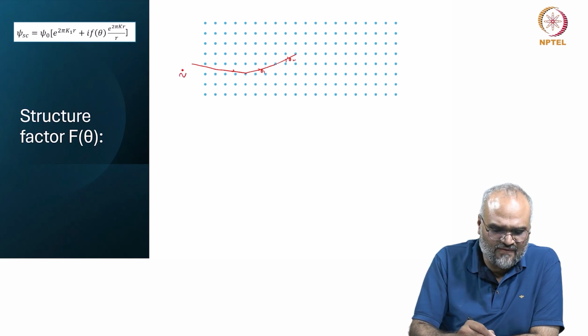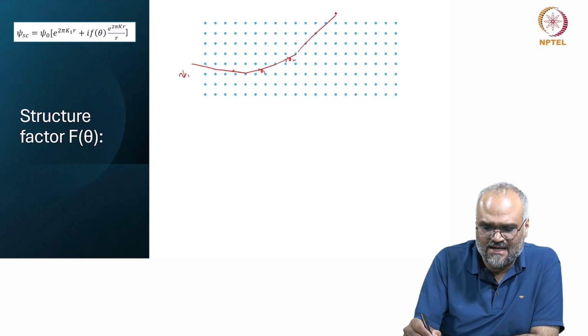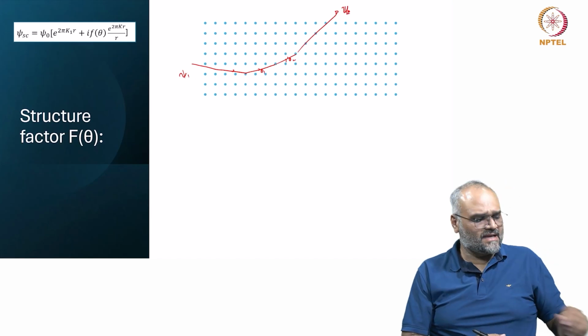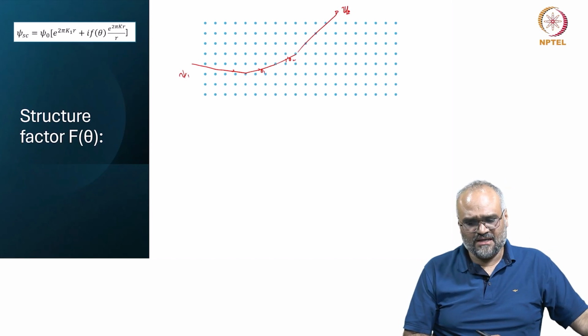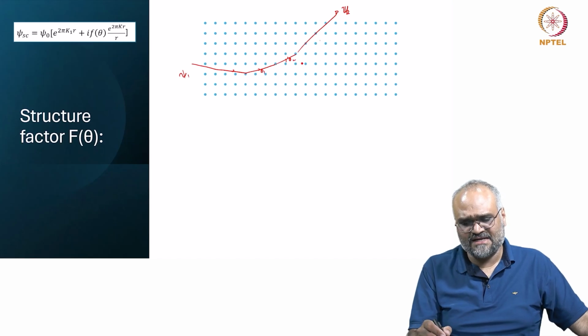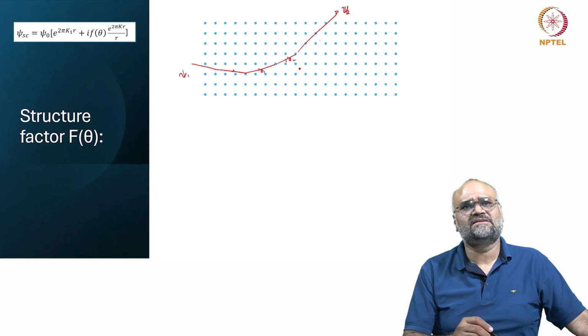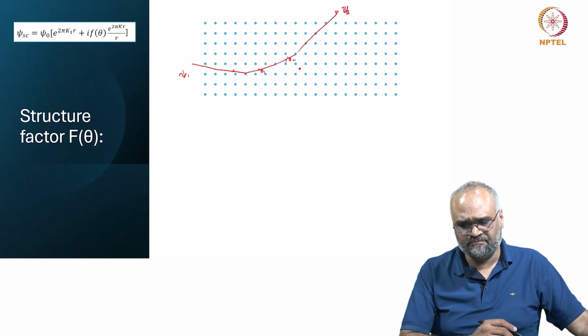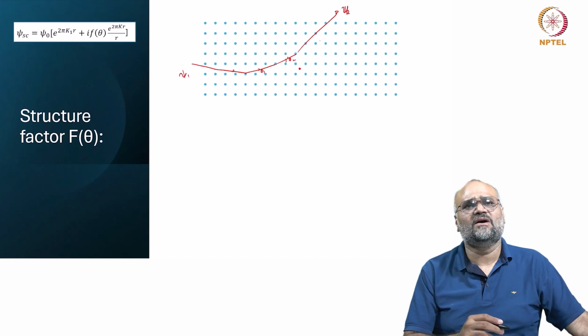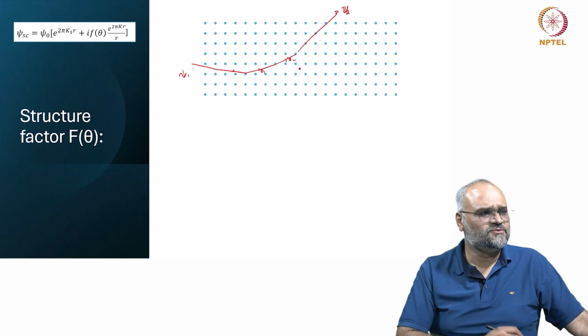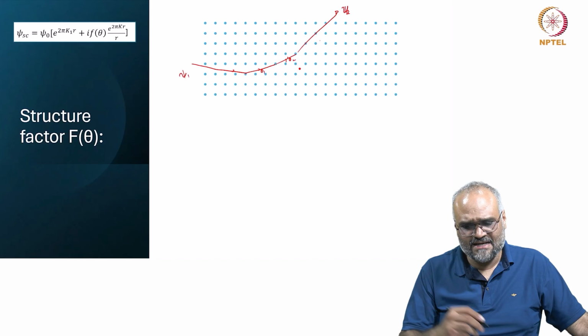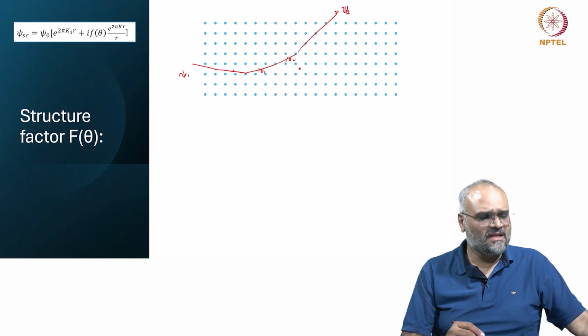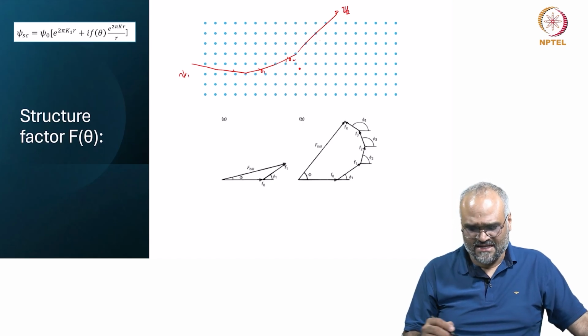By the time I have an incident beam here and a resultant scattered beam, I can in principle account for the total effect of scattering through the phase shift that is caused as a consequence of the scattering, and the amplitude I can always get from the principle of superposition of waves by adding up each of these amplitudes, and I end up with an expression like this.